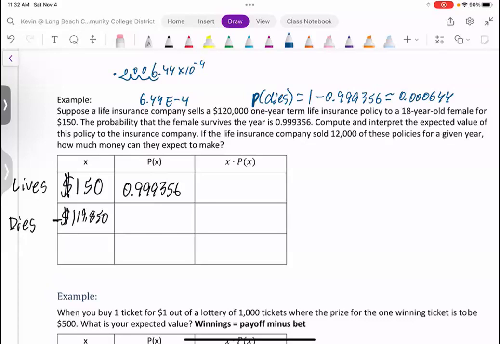So you may need to manually write that out with the zeros in there. All right, so we have that. And I'd like to point out the summation of the probabilities is 1, as it should be.